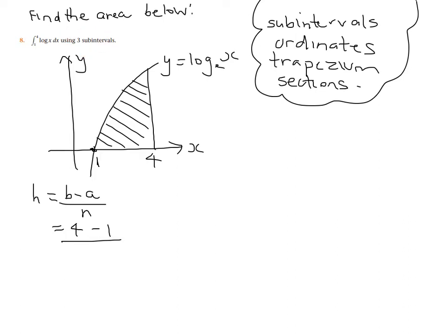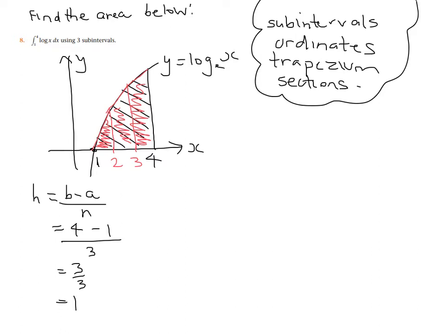In this case, there's 3, so it's 3 over 3, which means each h is 1. So 2 and 3. There's 1, and there's another 1. So that's our trapezia. Does that make sense? There's 1 subinterval, another subinterval, that's 2, and the third subinterval, that's 3. So we're basically finding the area of those 3 trapezia.